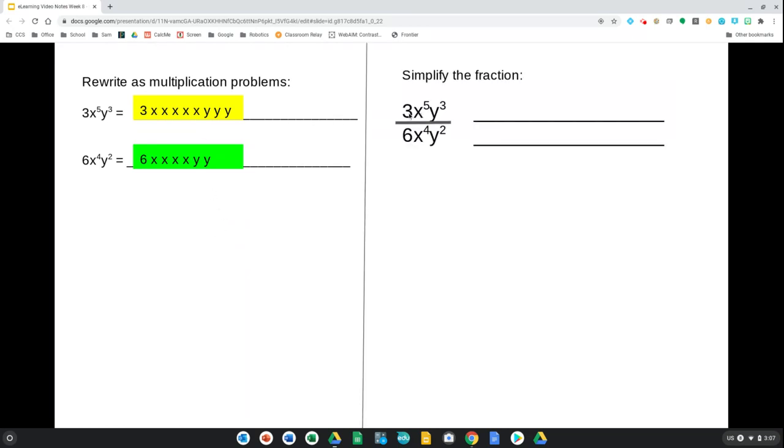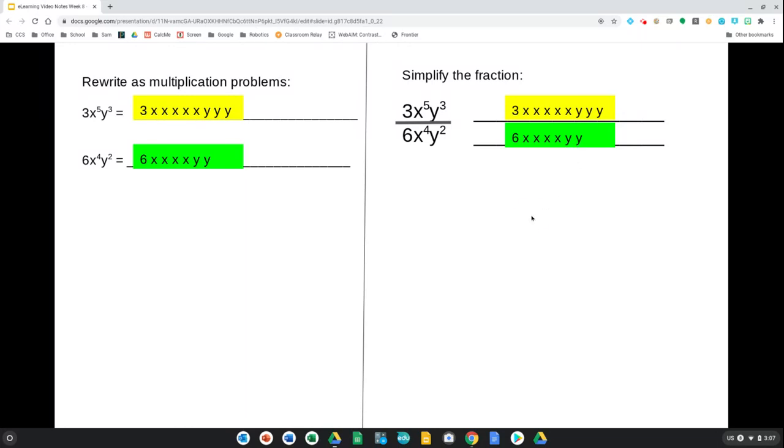So let's take these same two problems that we were just looking at, and let's write them as a fraction. Let's say we had 3x to the fifth, y to the third over 6x to the fourth, y squared. Let's go ahead and write those as multiplication problems like we just did. So here they are, broken apart. We've got 3 and then 5 x's and 3 y's, 6, 4 x's and 2 y's. We are going to simplify these as fractions, but instead of trying to simplify it as one big fraction, we're just going to go piece by piece.